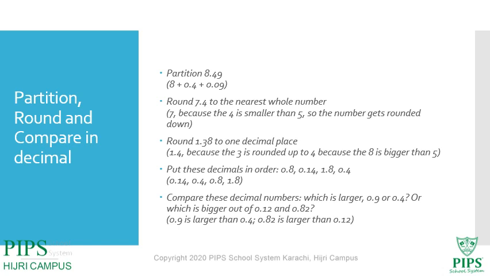We start from the double digits to the single digits. So here 0.14 is the lowest value, then the biggest value after 0.14 is 0.4, then the biggest value after 0.4 is 0.8, and then it's 1.8. This is how you arrange it, comparing the values from larger to smaller or smaller to larger. It depends on the question.